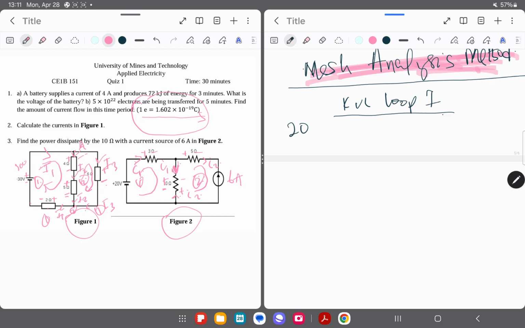And here, with the 3 ohms, the polarity is plus negative, which is a drop. So I'm taking the resistance times the current passing through, which is I1. Then we are moving, and you can see I1 is also going through the 10 ohms, which is also a drop.